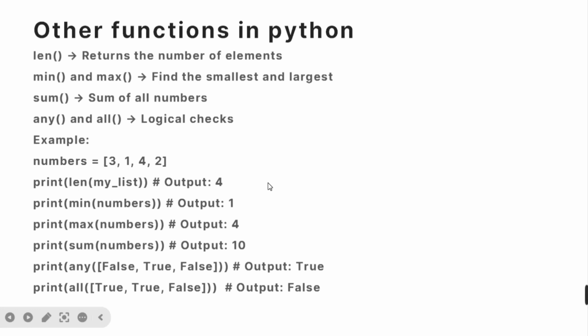The minimum of this list is 1. The max is 4. Then the sum of these numbers is 10, because the sum of the list numbers is 10. And if you print any, and any one element in this list satisfies the condition, it is going to print true. With all, all of the values should be true, then only it is going to print true.